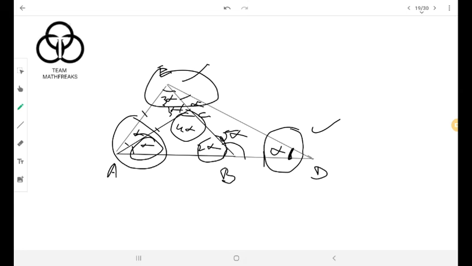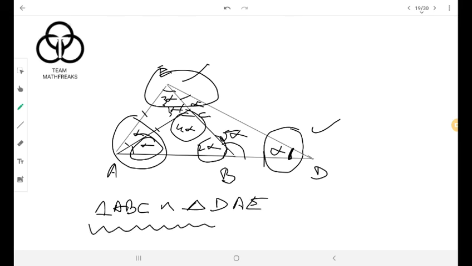Then triangle ABC is similar to which triangle? Can you just say me? Triangle DAE. Now we are done with it.